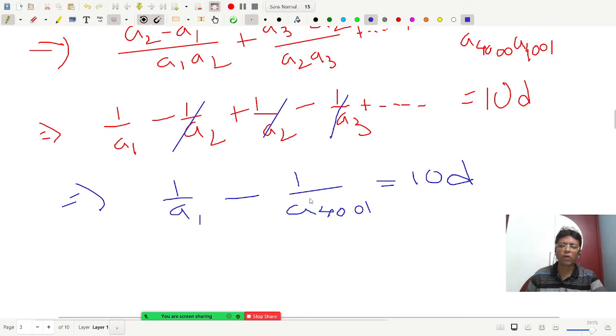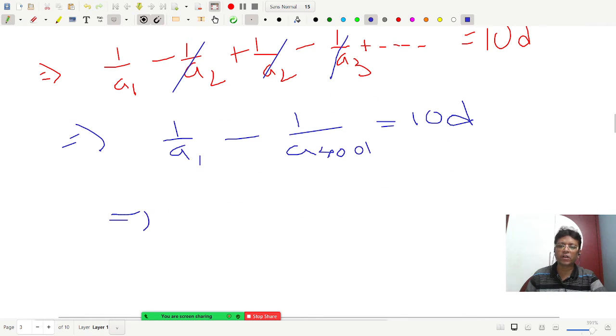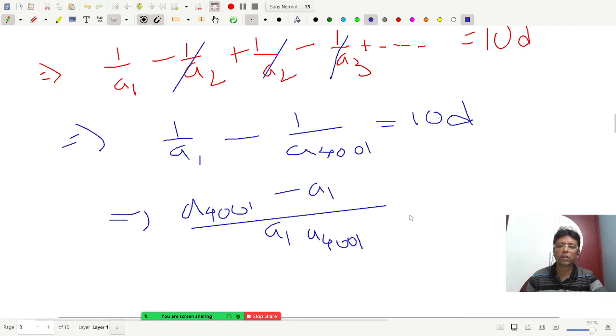Okay. Now again I am writing, if you simplify, A4001 minus A1 over A1 A4001 equal to 10D.